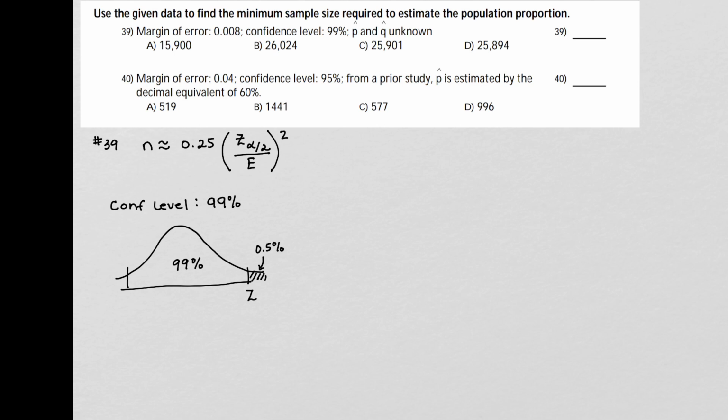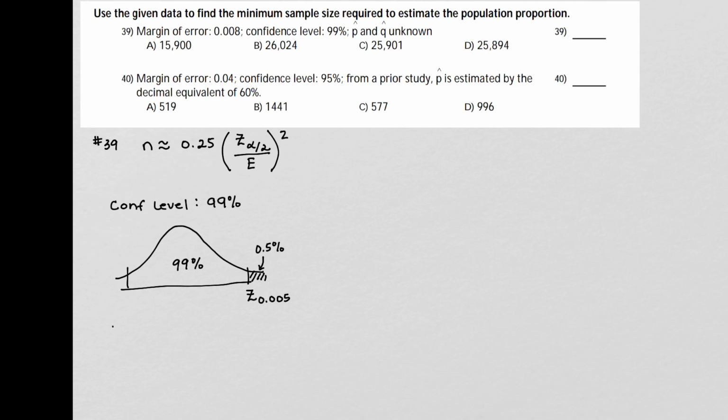So here we're going to find z sub 0.005. That's the alpha over 2. So alpha is the total area in the two tails. We cut that in half so that we just have the area in one tail, and that's what we're going to calculate here.